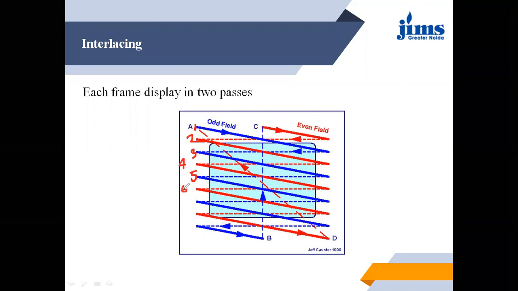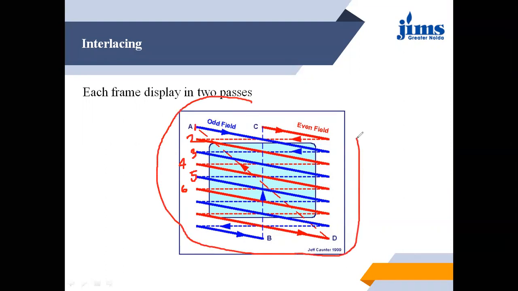So the electron beam accesses once even fields and at another time odd fields. So when the electron beam accesses even and odd fields or scan lines alternately, then it is called interlacing.